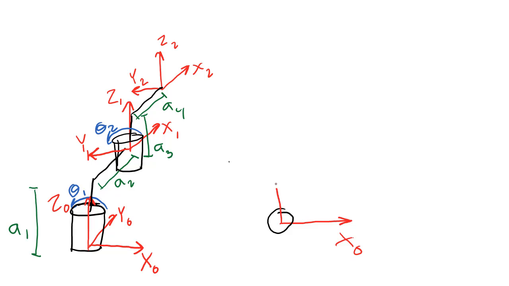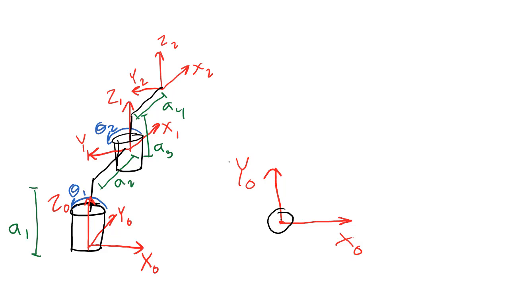And we would see the y-axis pointing straight up. We would not see z0 because looking down straight from the top, z0 is pointing straight at our eyes. It would look basically like a dot in the center of this joint. So I'm not even going to draw it here at all.